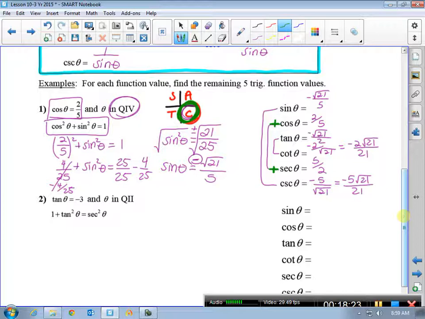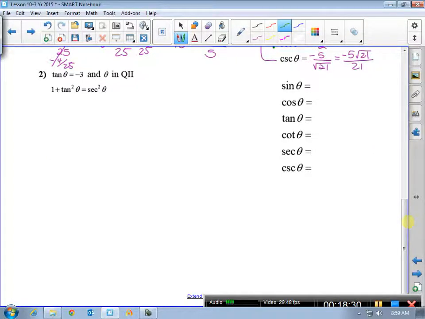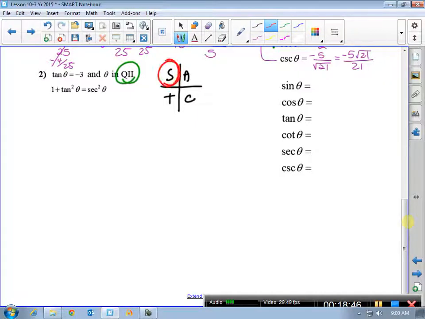So let's try this next one. We have tangent as the given value, and we are in quadrant 2. In quadrant 2, so we already know sine should be positive and its reciprocal.